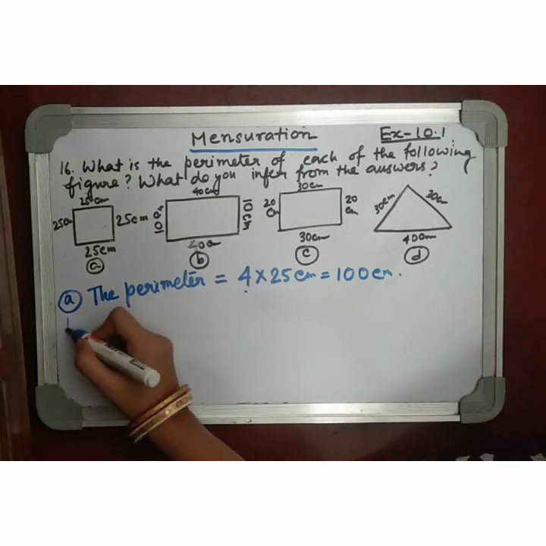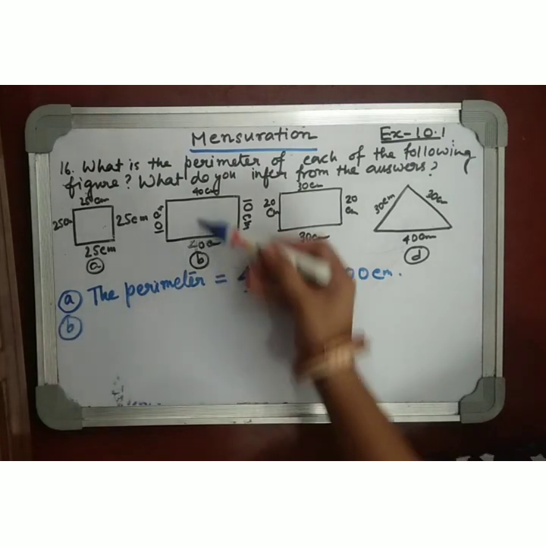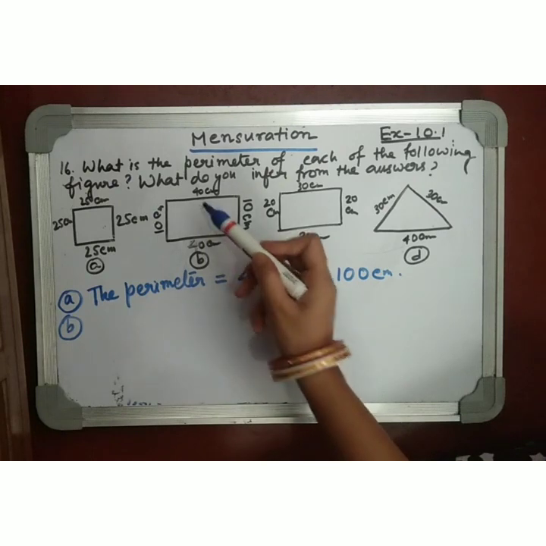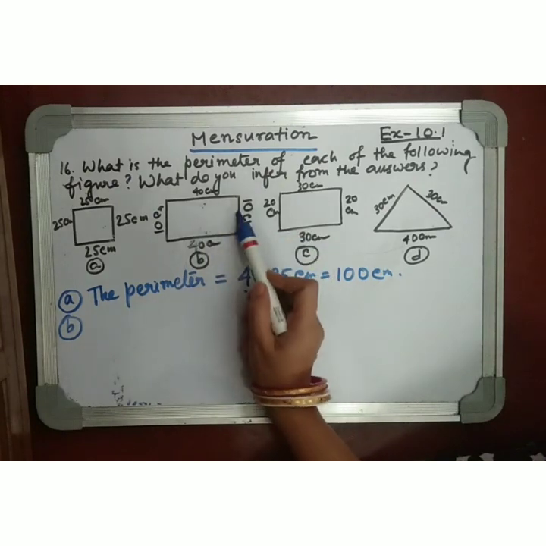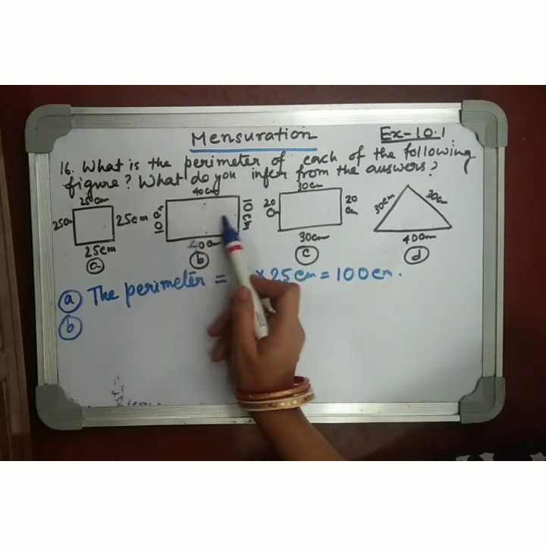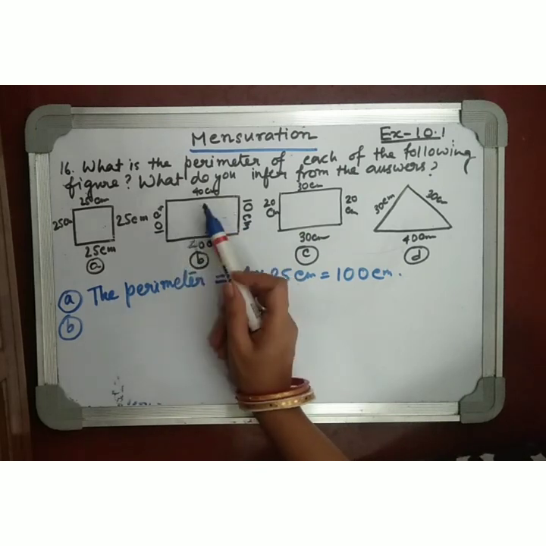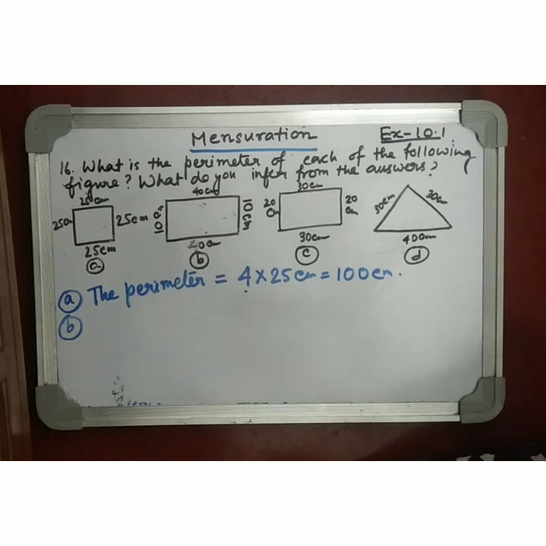Okay, now for the second one, the opposite sides are equal in length. You can see this one is 40 centimeter, this one is also 40 centimeter, and these two lengths are 10 centimeters. It means two opposite sides are equal in length. It is also evident that this is a rectangular figure.